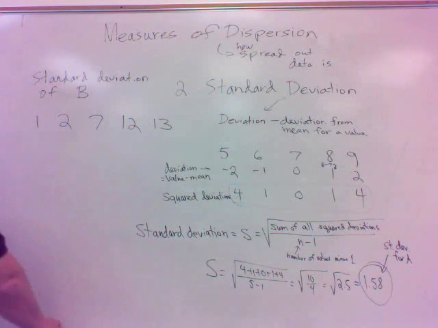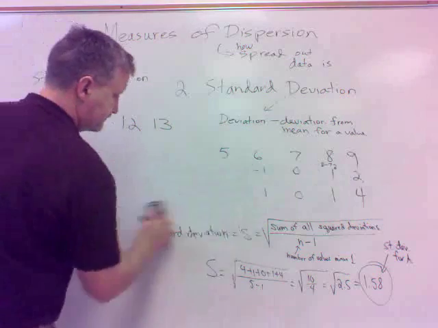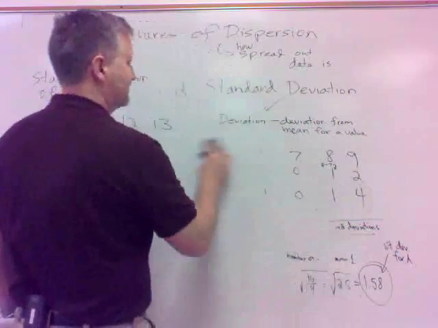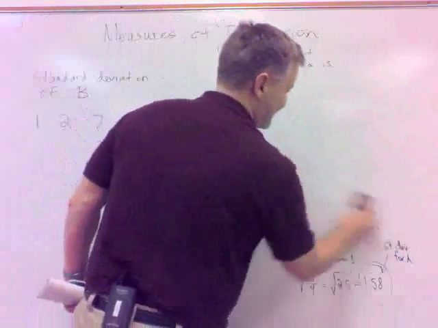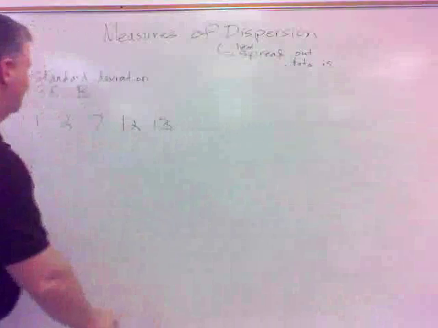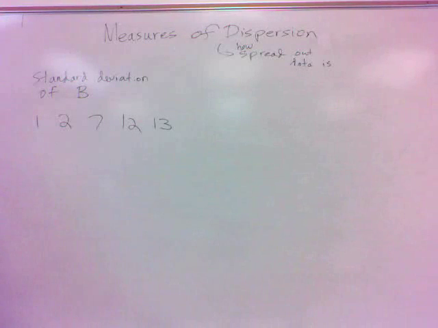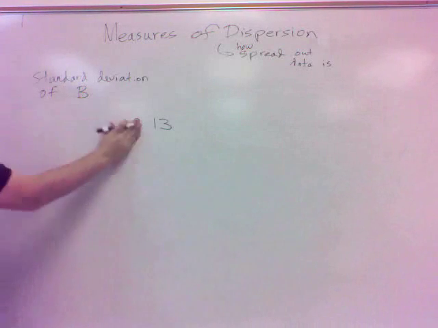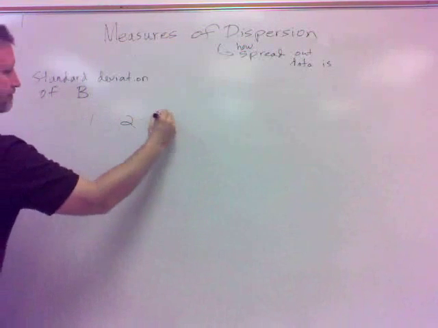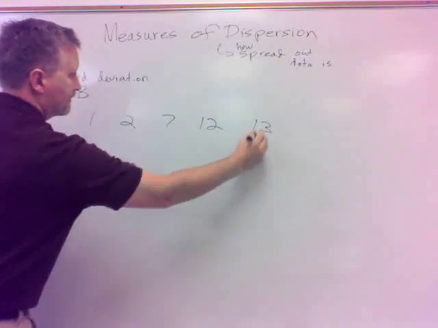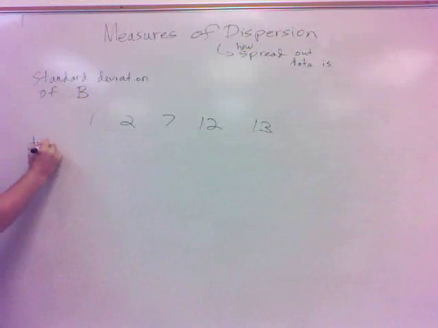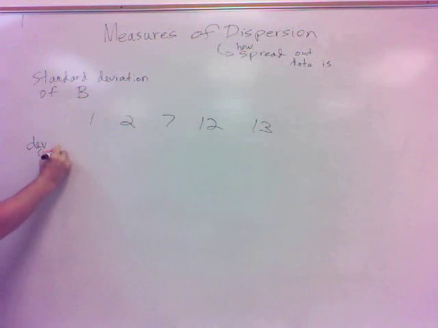All right, so how do we compute? How do we do it? I'm going to erase all this. See if we can do it. All right. So if I'm going to do the standard deviation, I first of all do, let me move it over a little bit, the deviations, which to do the deviations, you just do each value minus the mean.